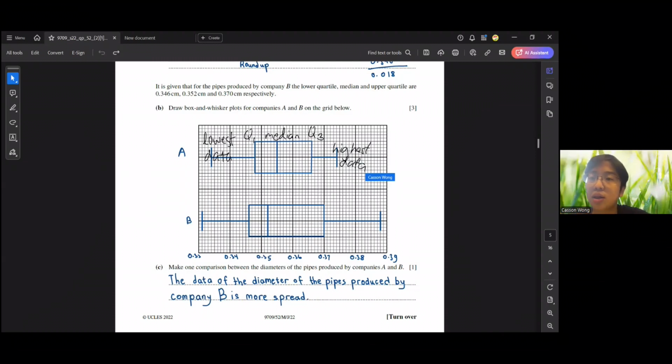For company B, it is given that this is the lowest data, and this is the highest data. For Q1 of company B, it is 0.346. For the median, it is 0.352, and quartile 3 is 0.370.